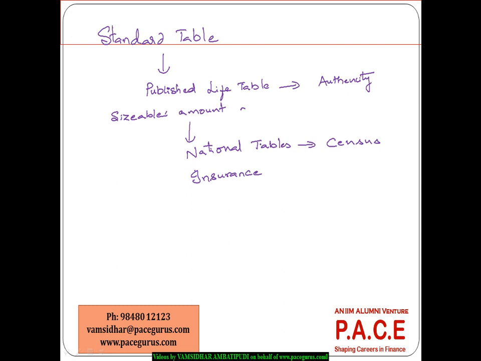But whenever we are using the word standard table, it includes a sizable amount of data and a well-defined class of lives. All lives well clearly defined, but may not be homogeneous. I mean, different individuals have different risk characteristics, but at the same time, what we mean by this is the definition of the class of lives is very clear.